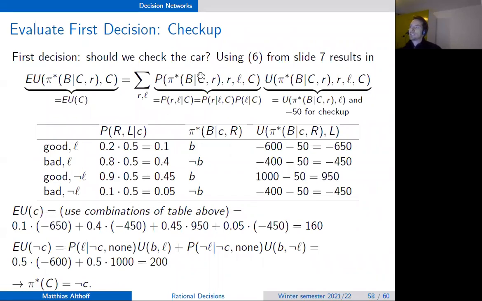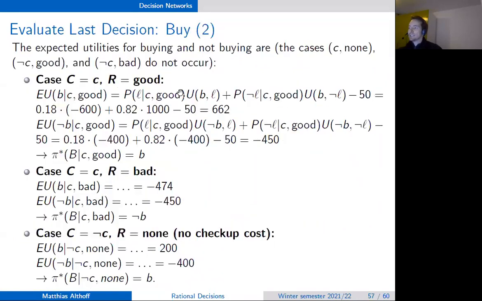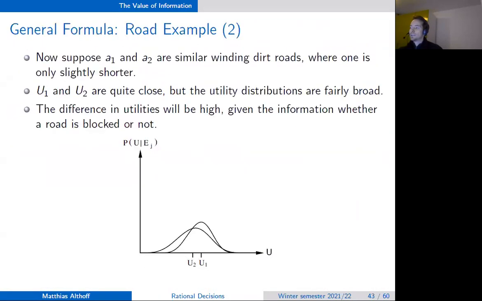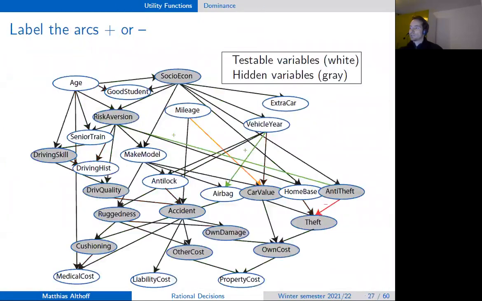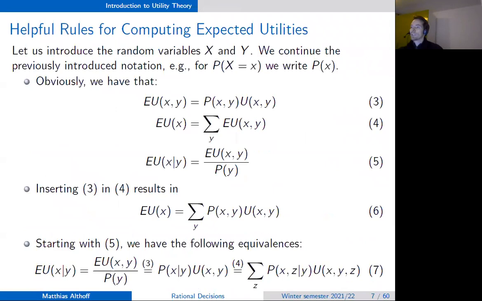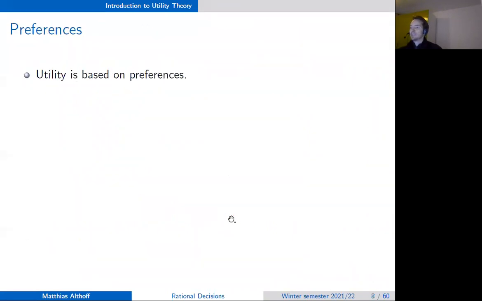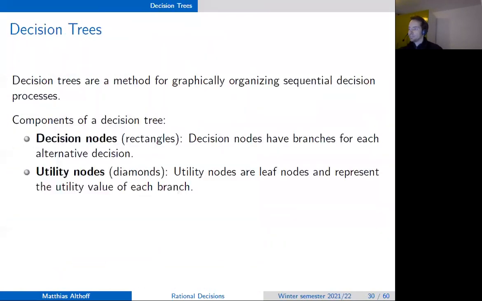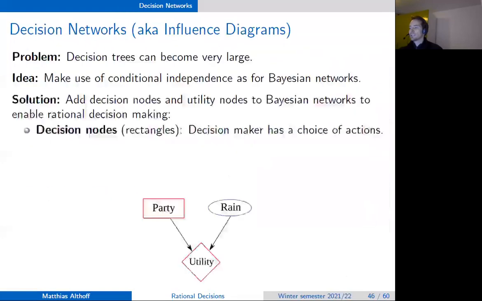Here we use equation 6 from slide 7. Again, what was this equation? So the expected utility of X is computed by multiplying the probabilities with the utilities and summing over all values Y. We do this in a similar way now for the first decision.